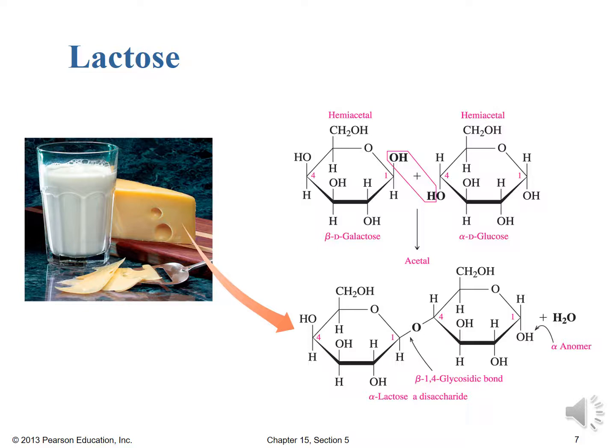Carbon 1 of the galactose and carbon 4 of the glucose form an ether linkage through that bridging oxygen and eliminate a water, of course, an acetal formation, just as we've always done, starting back in the last chapter.